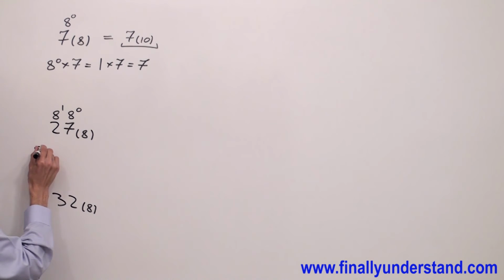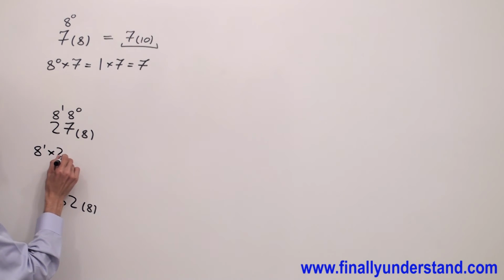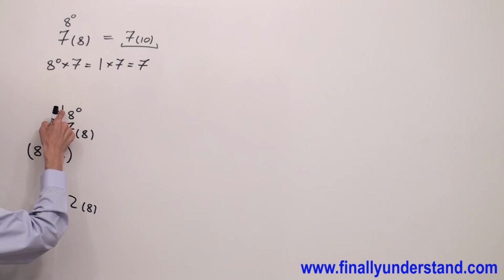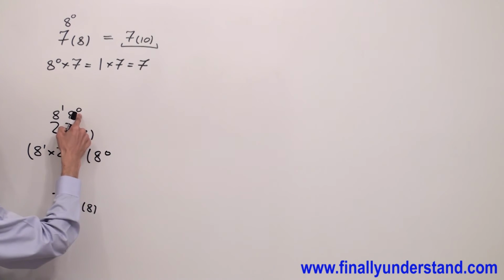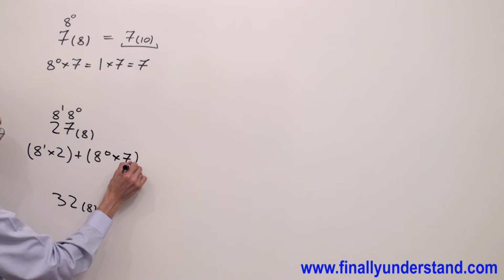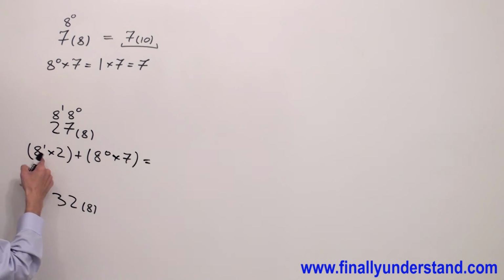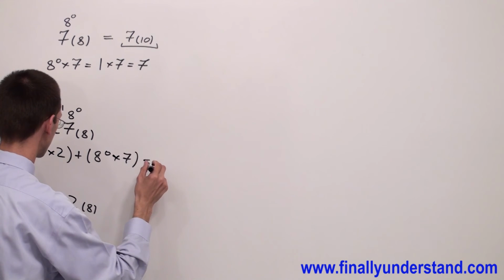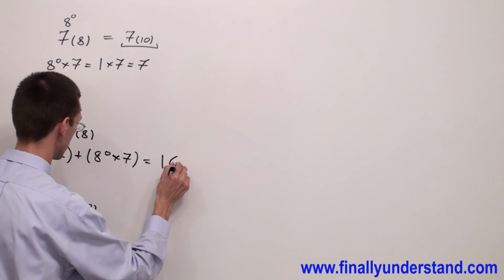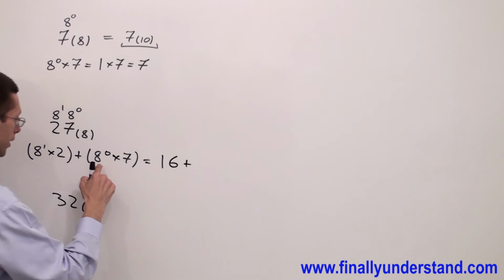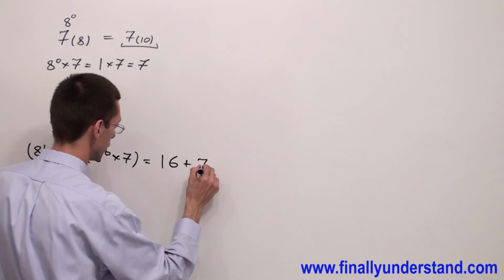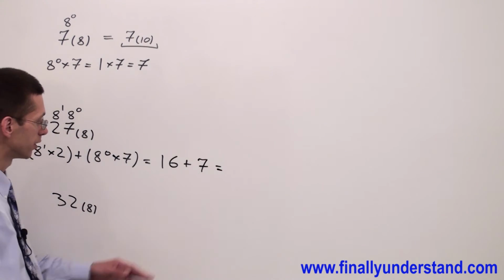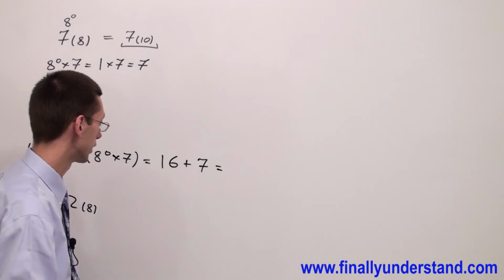So I have 8 to the first times 2, plus 8 to 0 times 7, where 8 to the first is just 8. 8 times 2 is equal to 16, plus 8 to 0 is equal to 1. 1 times 7 is 7. 16 plus 7 is equal to 23.